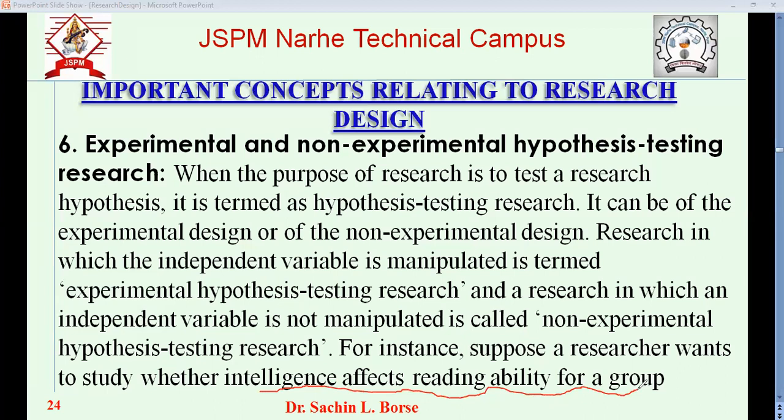Can you tell me whether this will be experimental or non-experimental? Non-experimental, because we cannot vary the intelligence. So it becomes non-experimental hypothesis testing research. I'll move to the next slide.